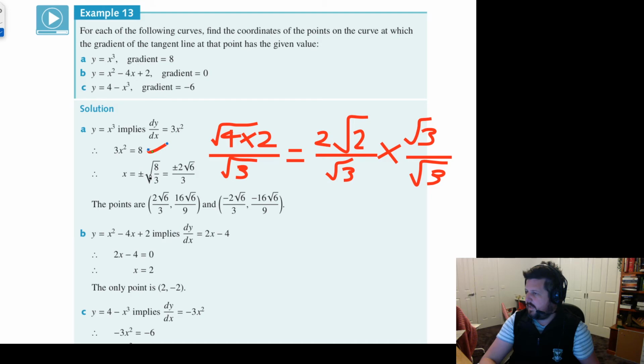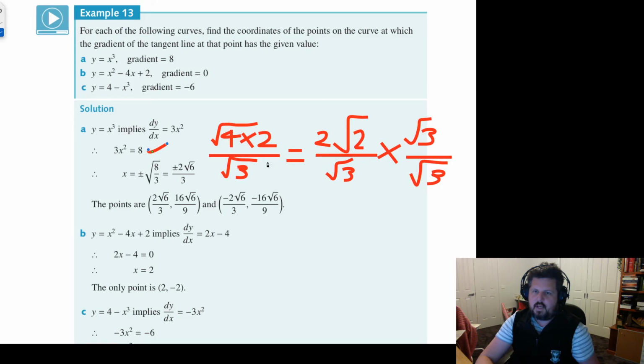You have to remember your surds. We know that the square root of 8 is the same as square root of 4 times 2. When we simplify down that surd, that's the same as the square root of 4 multiplied by the square root of 2. Square root of 4 is just 2. So you end up with 2 square root 2 over the square root of 3.